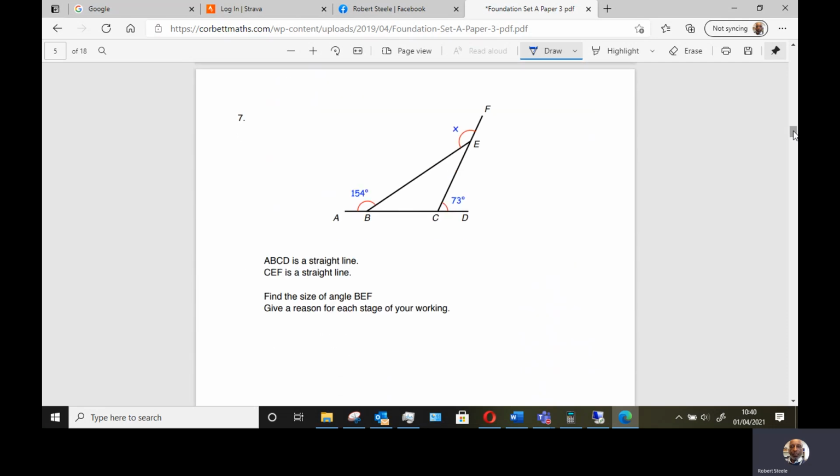Okay, next. Tip for this type of question, don't use a protractor. Unless something explicitly says it's drawn accurately, then you're expected to calculate, not measure.